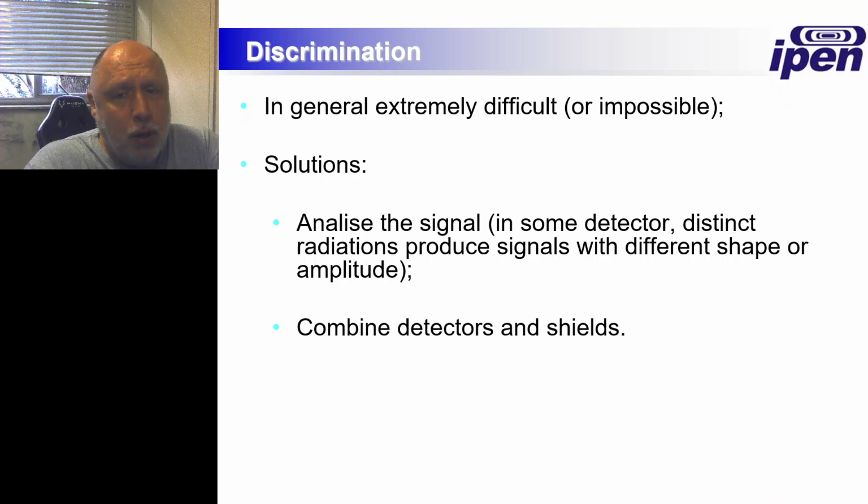But that's something you have to test, and it's never 100% good, right? But it can be done. The other thing we can do is combine detectors and shields. Use the fact that some things shield some radiation to your benefit, right? So for instance, in badges we can do that to distinguish between neutrons and gammas.